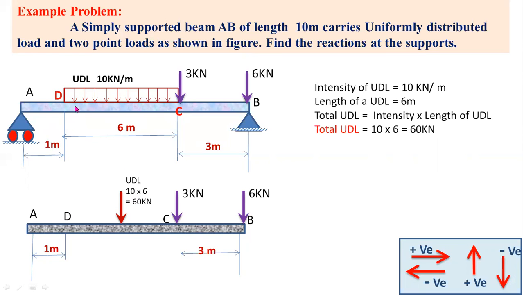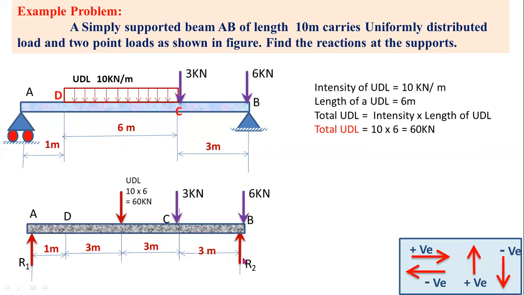Here the center of the UDL is this one. That means the distance between this force and point D, and the distance between C and this force, is equal: 3 meters and 3 meters.